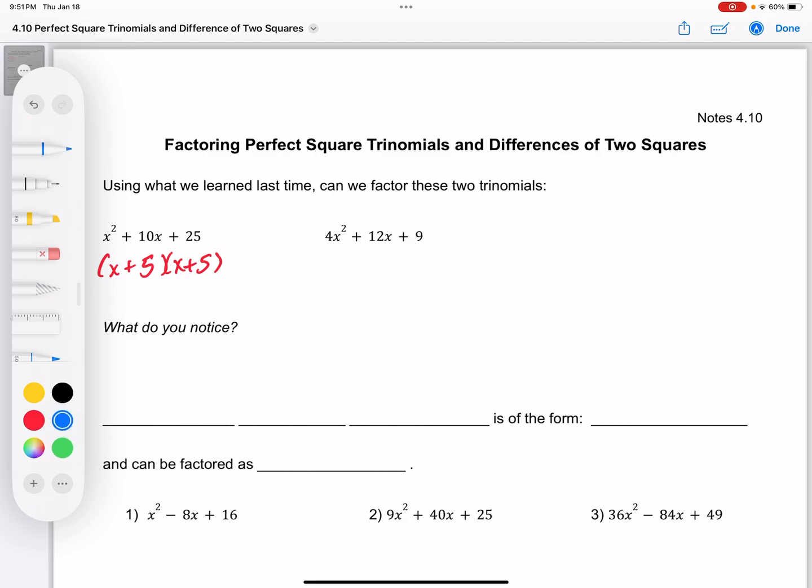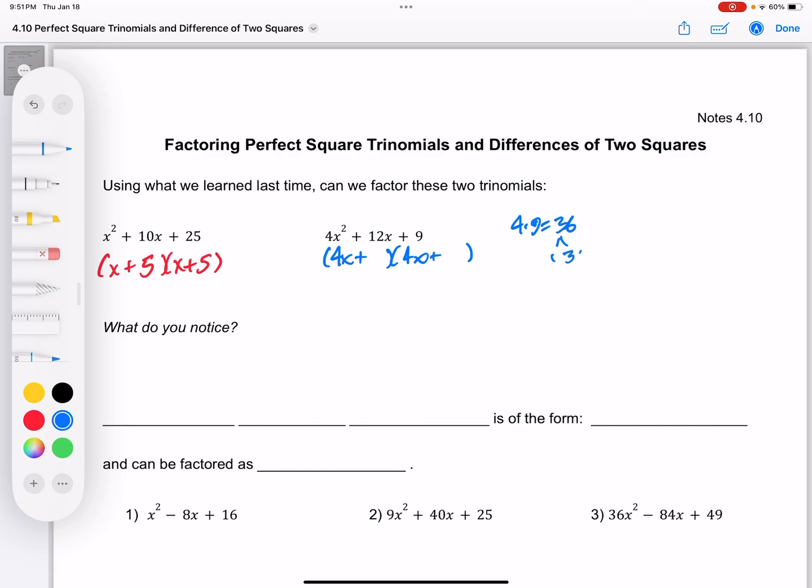All right, what if we do the second one? Remember, we're going to do our no fuss method. We do 4x, it's plus and plus. So 4 times 9 is 36, and we need the factors of 36 that add up to 12.